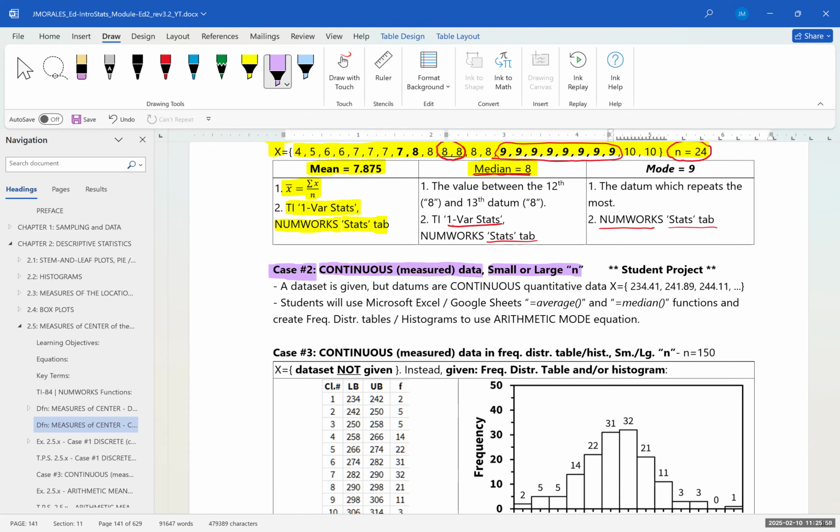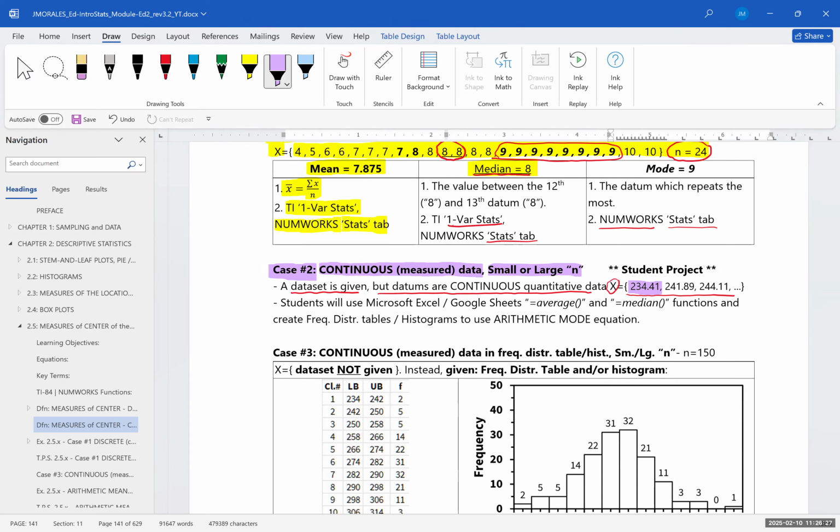So in this case, this is where the data set is given, but the datums are continuous quantitative data. So, if this were your random variable and this was your data set, you can see that these datums are like 234.41. So they have some decimal places of accuracy. So these were measured.